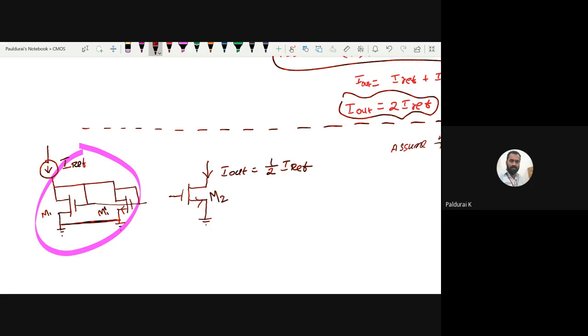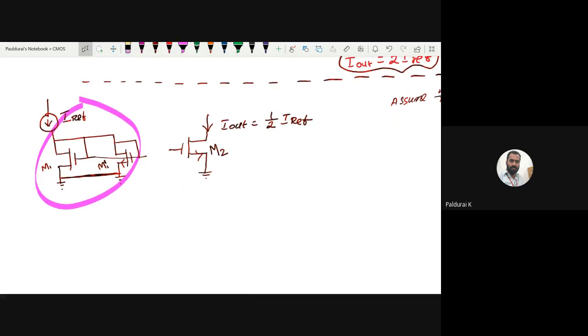If you connect two diode connected devices in parallel, what will happen? Can you imagine the dimensions? When I connect two transistors in parallel, the width gets added. I call the width of M1 W1, and of M1 prime W1 prime.